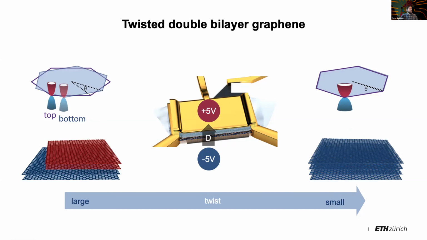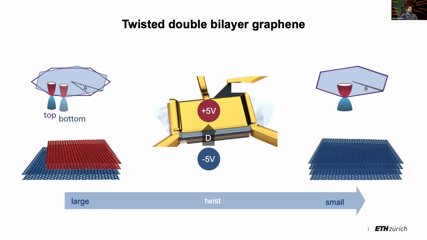Now, the question that I haven't answered until now is why this intermediate twist angle is so important. And you can see it here. On the one hand, we want to have a good layer control. So this is the layer polarization, which gets better towards larger twists. And on the other hand, we want to have a large effective mass because that favors correlation. So the correlation strength increases towards smaller twists.